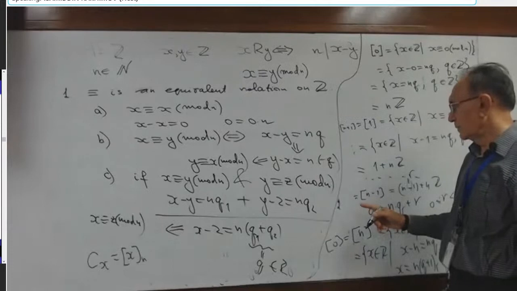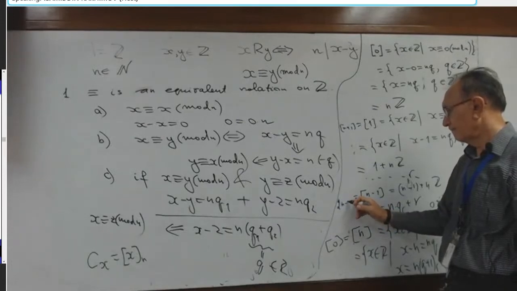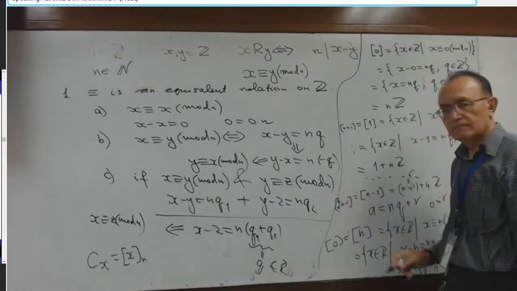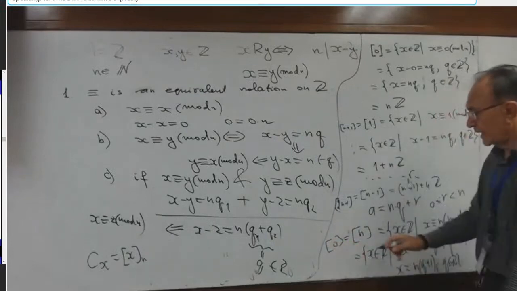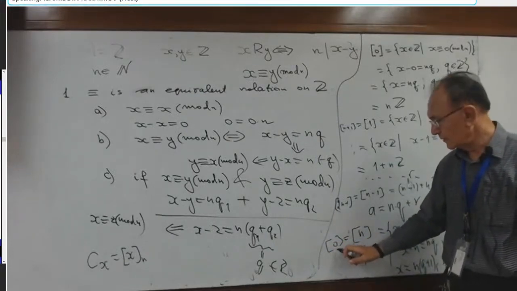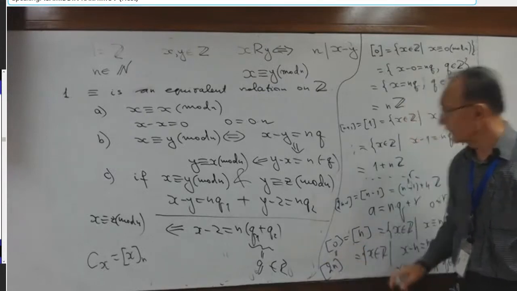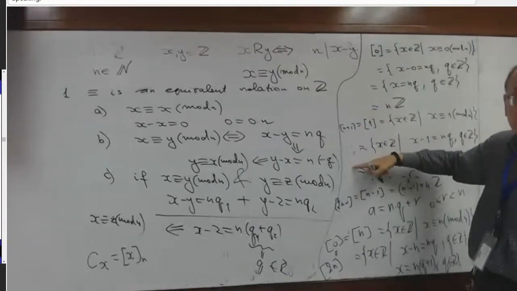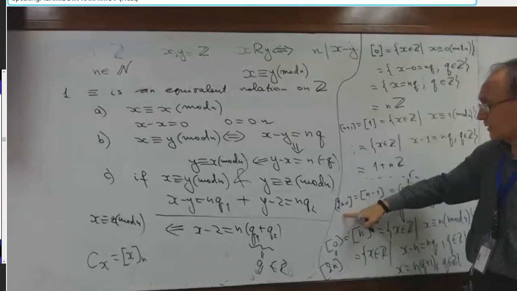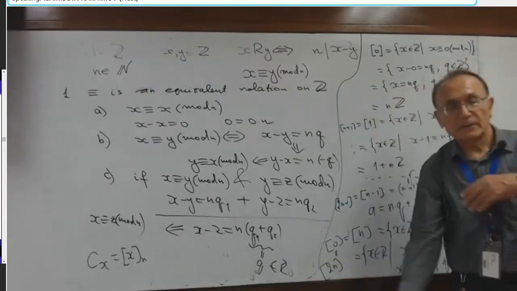Then 2N, 2N plus 1, 2N plus 2, etc. This one is 3N plus 1. Next one is 3N, 3N plus 1, etc.